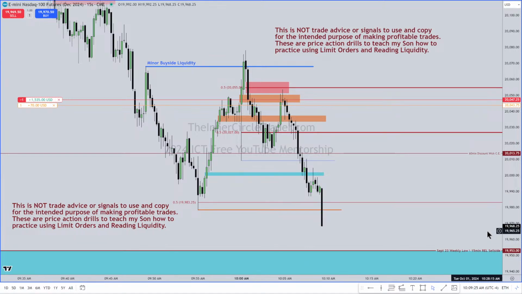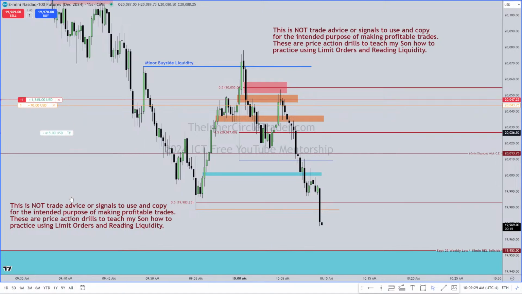That would be a partial, and we want to see it drive down into the take profit, which Trinity's done a really good job of fucking around with today.